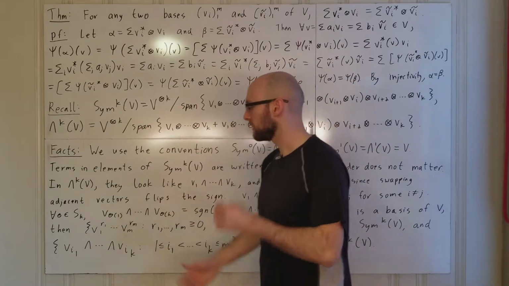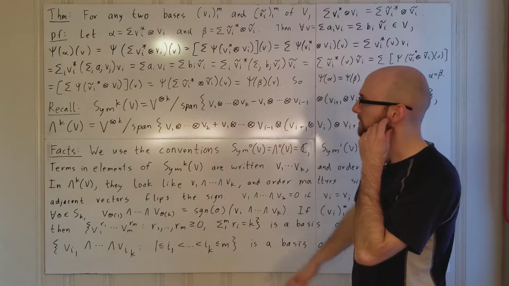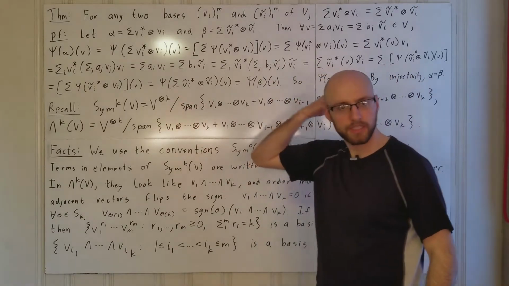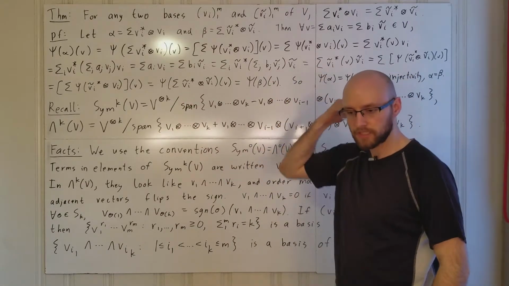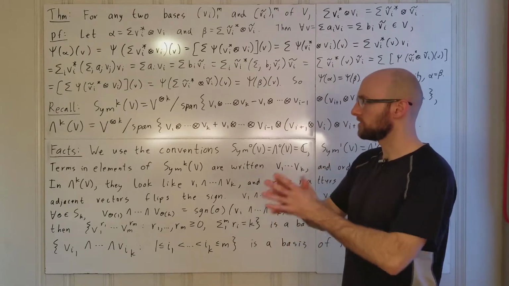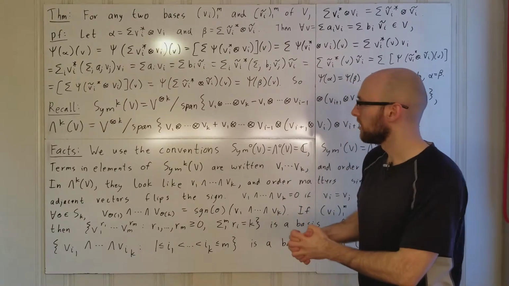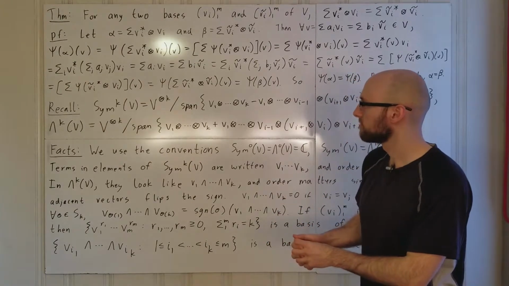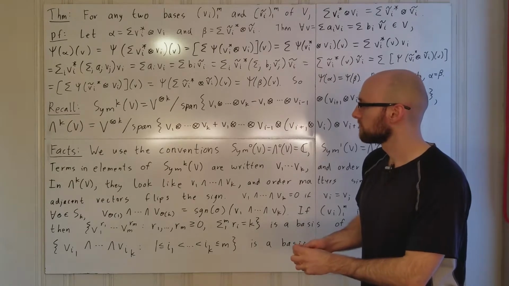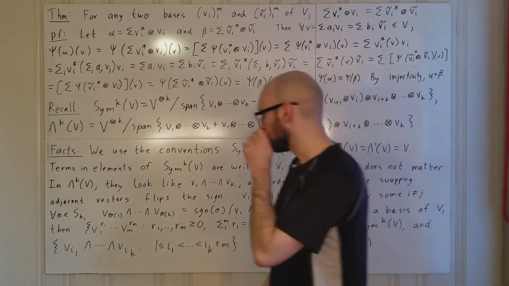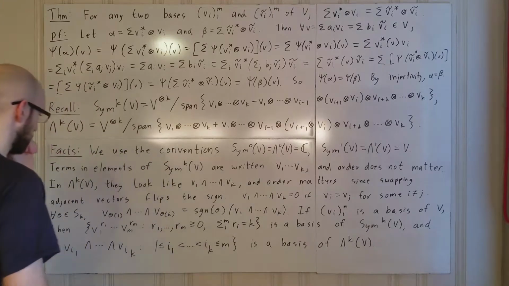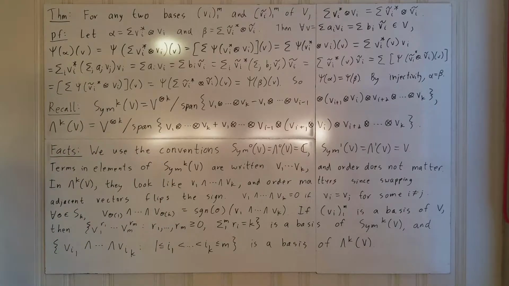So if you take an element of this tensor product space, then you're going to get some Vi's from each different coordinate. Well, let's see here.